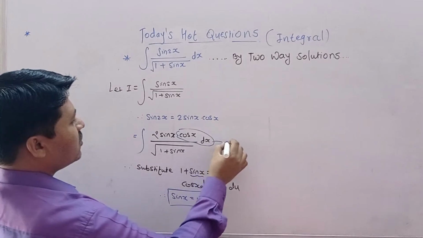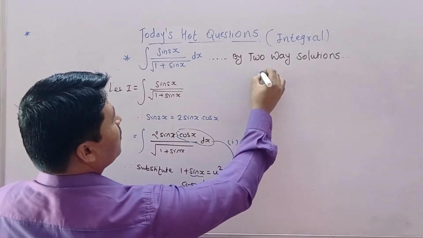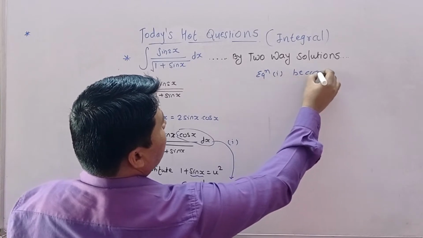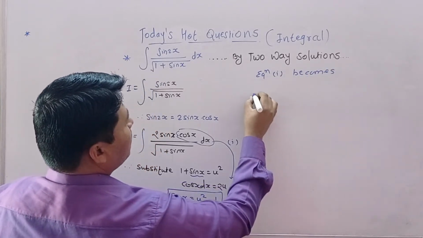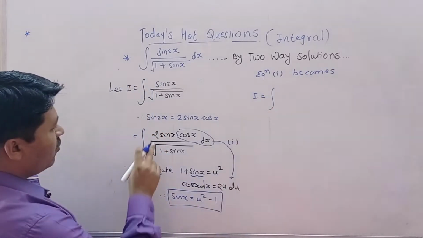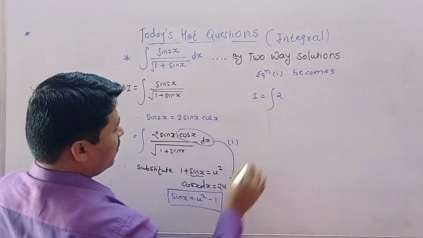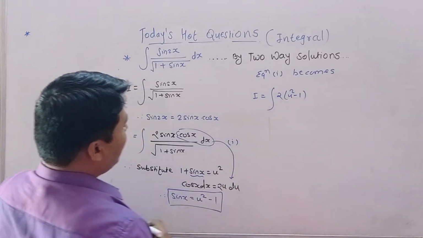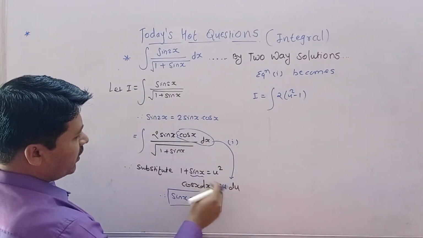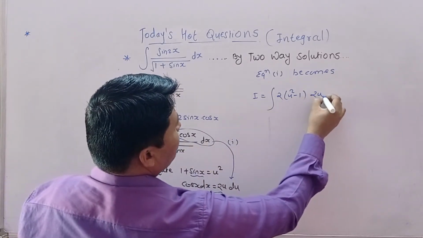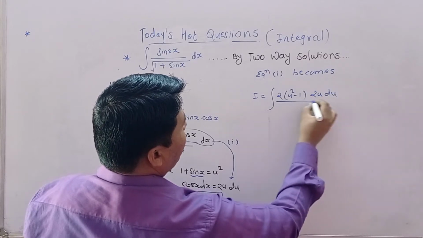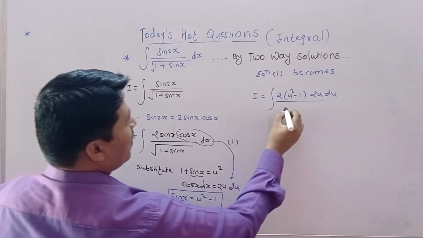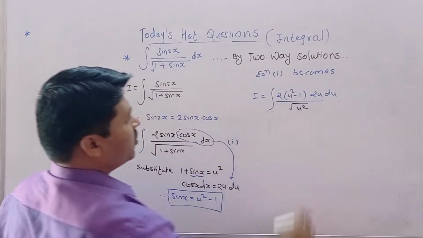And equation 1 becomes I is equal to the integration of 2 times sin x, which is u square minus 1, and cos x dx, which we replace with 2u du, divided by under root 1 plus sin x, which is under root u square.